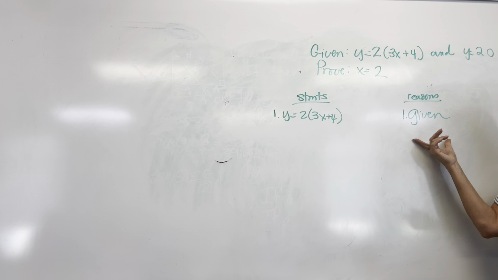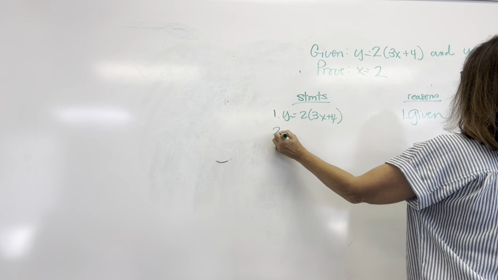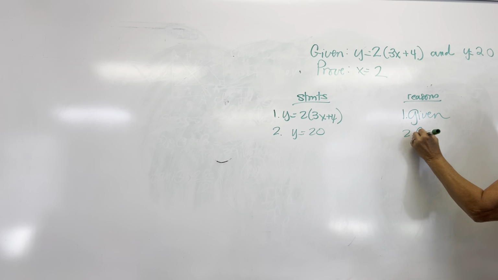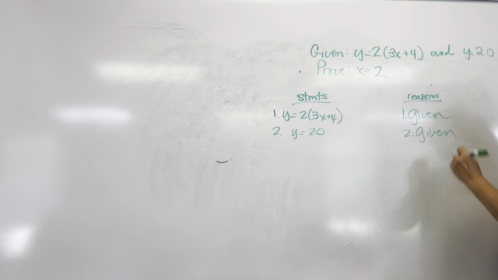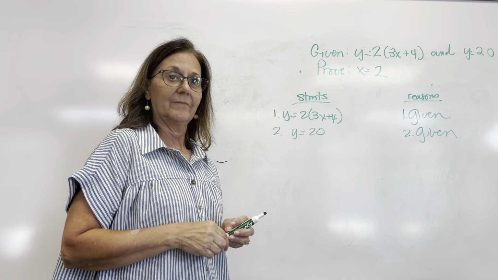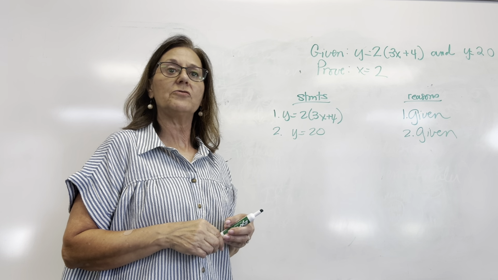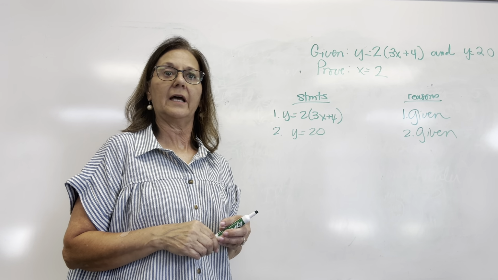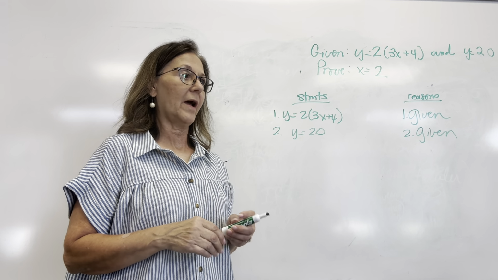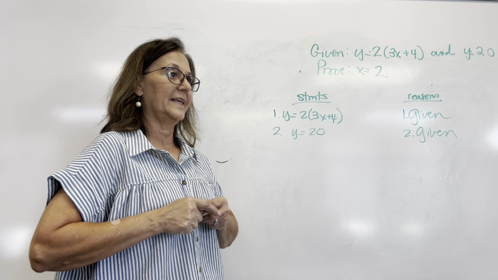That's worth points on a test. So you just have to have given? Yes, because it is given. But I have students that don't write the given statements on a test, and they are right there on the page. Points. Given.